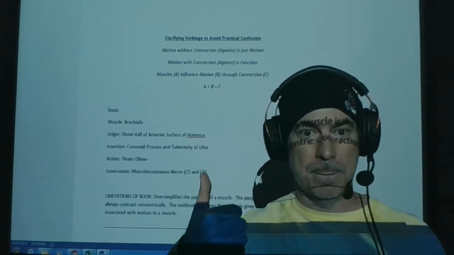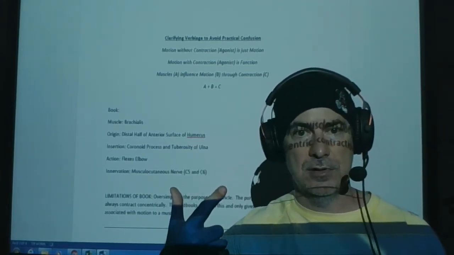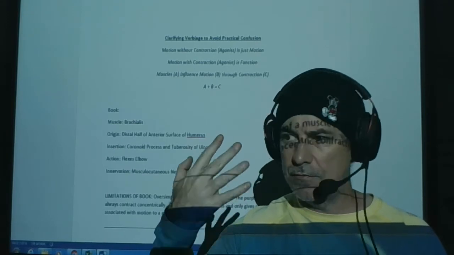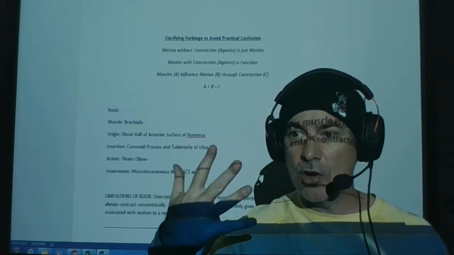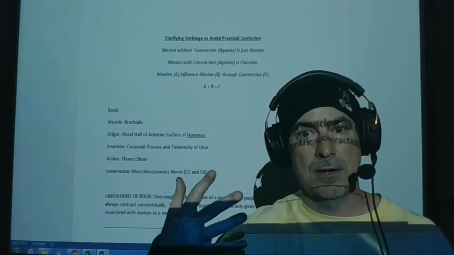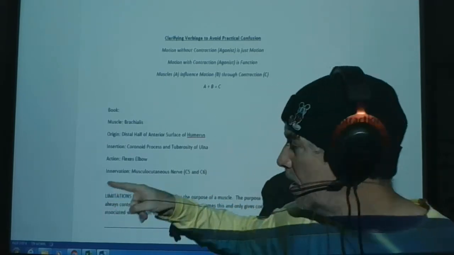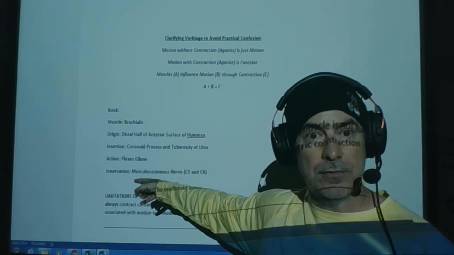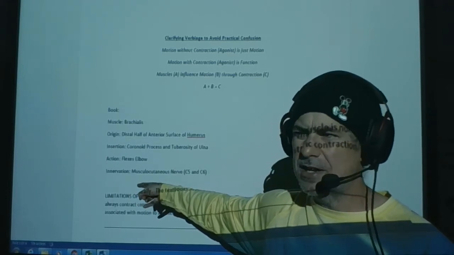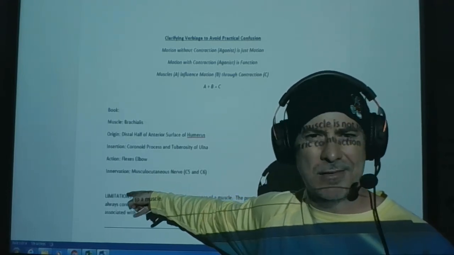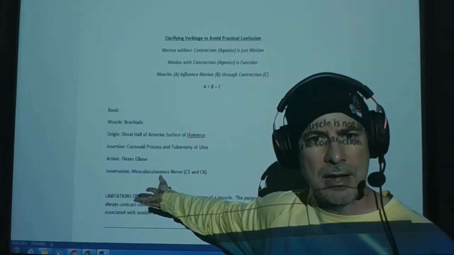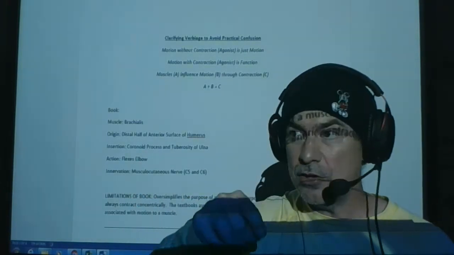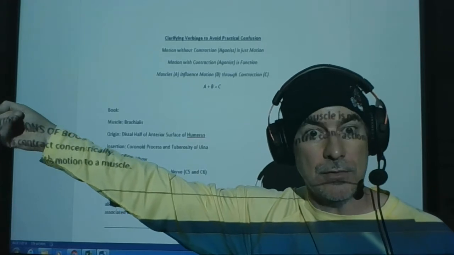Personal trainer, fitness professional, athletic trainer, future therapist, coaches. Do you know what all of those have in common? Not what's the origin of a muscle. The third linea aspera of the femur, coaches won't need to know that. And those of you that will need to know that, you can still learn that when you need to.